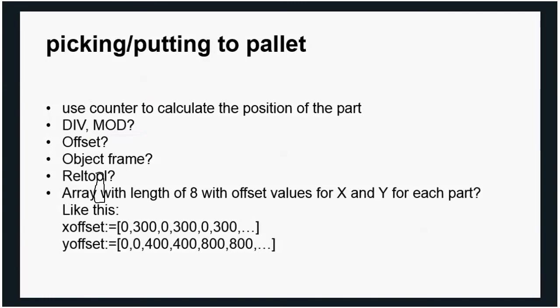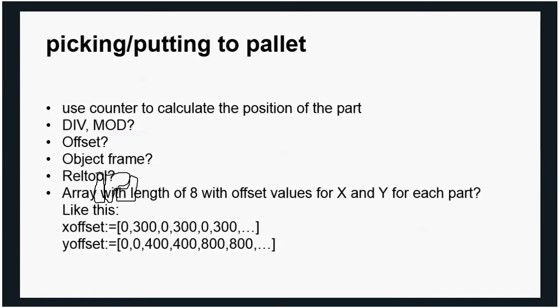And the second part would be x 300 and 0 for y, and the third part would be maybe 400 for y and 0 for x, and so on. So you can do this kind of array by hand.